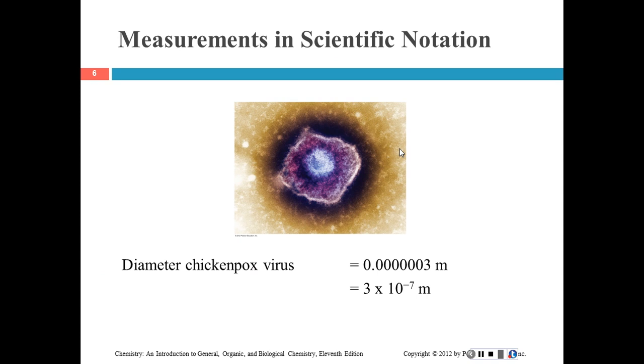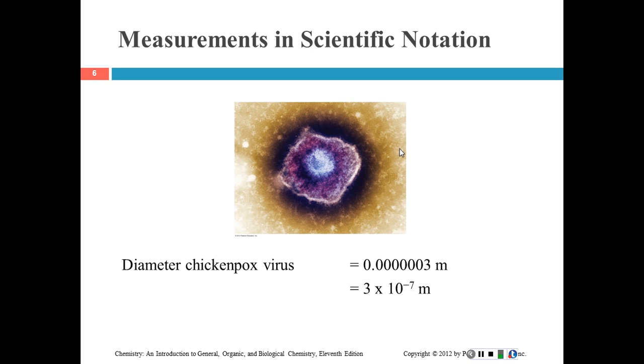So the diameter of the chickenpox virus, which also causes shingles, by the way, is 0.000003. I think I got those right. You can see how you might mess up having to remember how many zeros and everything.